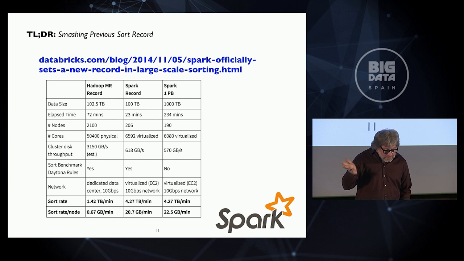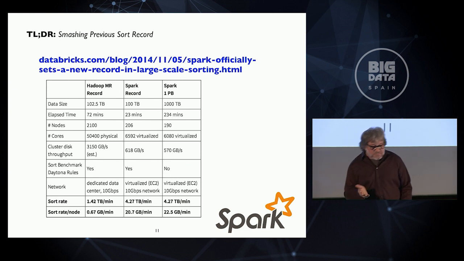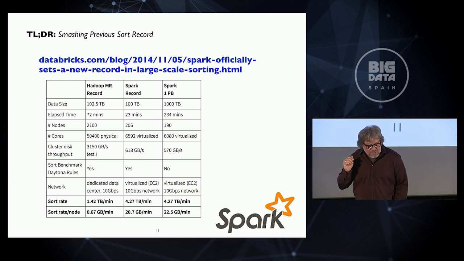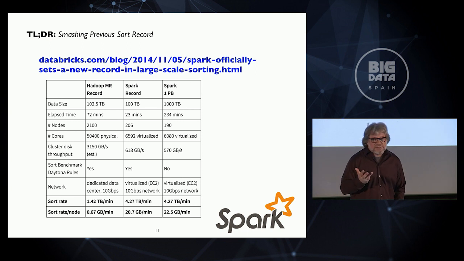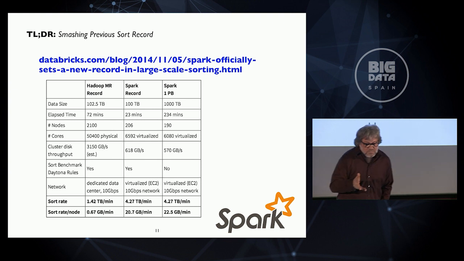They won the Gray Sort Challenge, they set the world record, but they also went beyond that, and tried to bump it up an order of magnitude, so they did a petabyte sort as well, just to see. And there's actually pretty good linear scaling across. An interesting thing is that Yahoo, which held the record before, never really published what kind of hardware they were using. They were doing it in a dedicated data center. But the Spark world record was set on top of AWS.